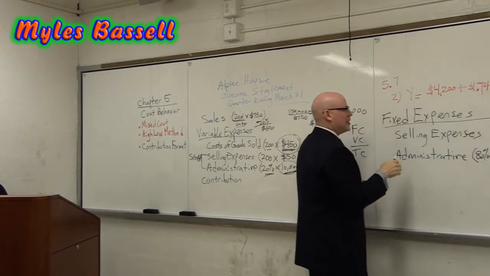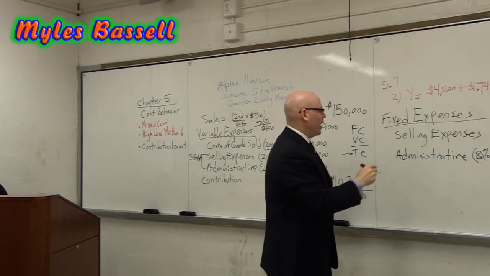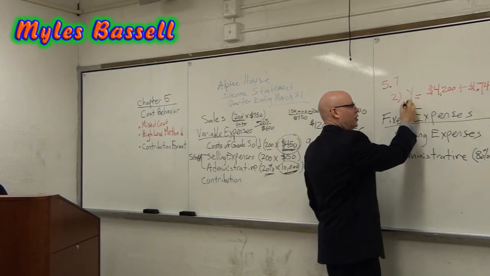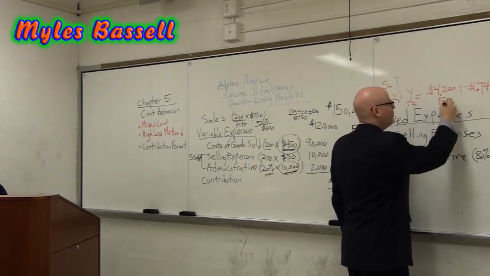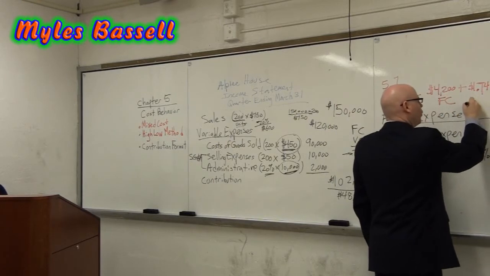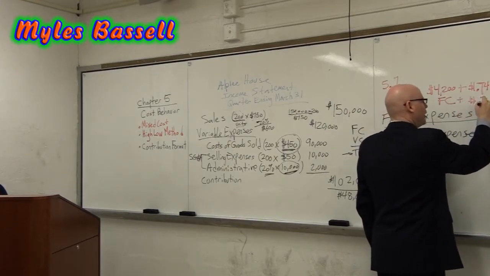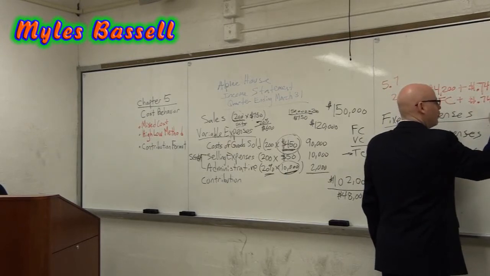So this is the model that we're going to use to calculate y, in this case the total cost. The fixed cost for this example, 5.7, is $4,200. And then the variable cost is 74 cents times X, which is the number of units.